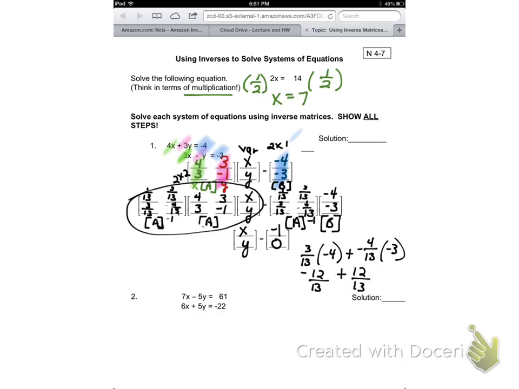So x is equal to -1 and y is equal to 0.